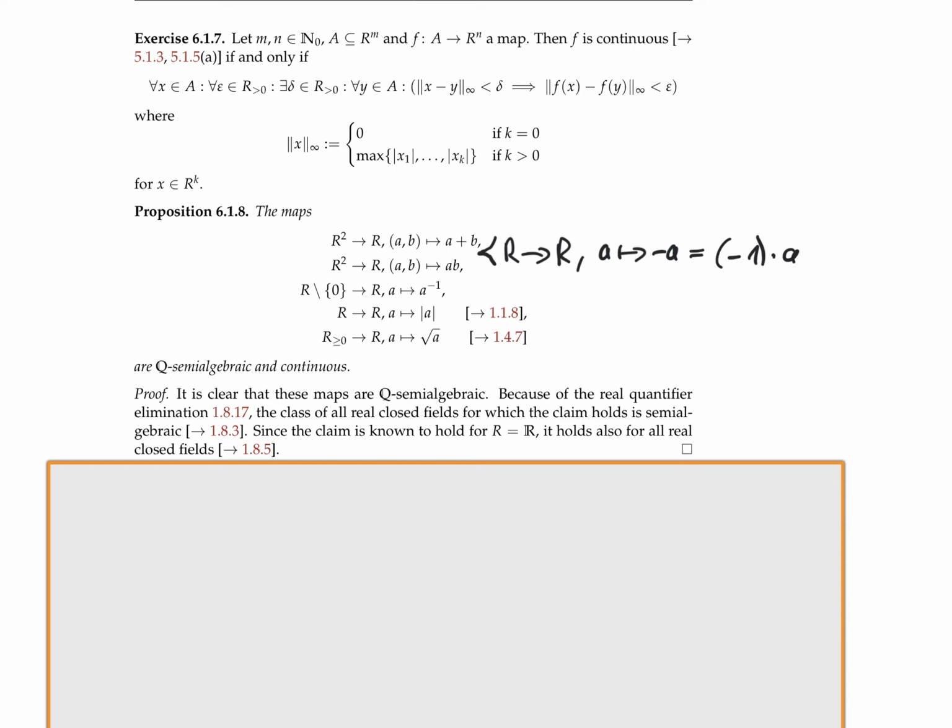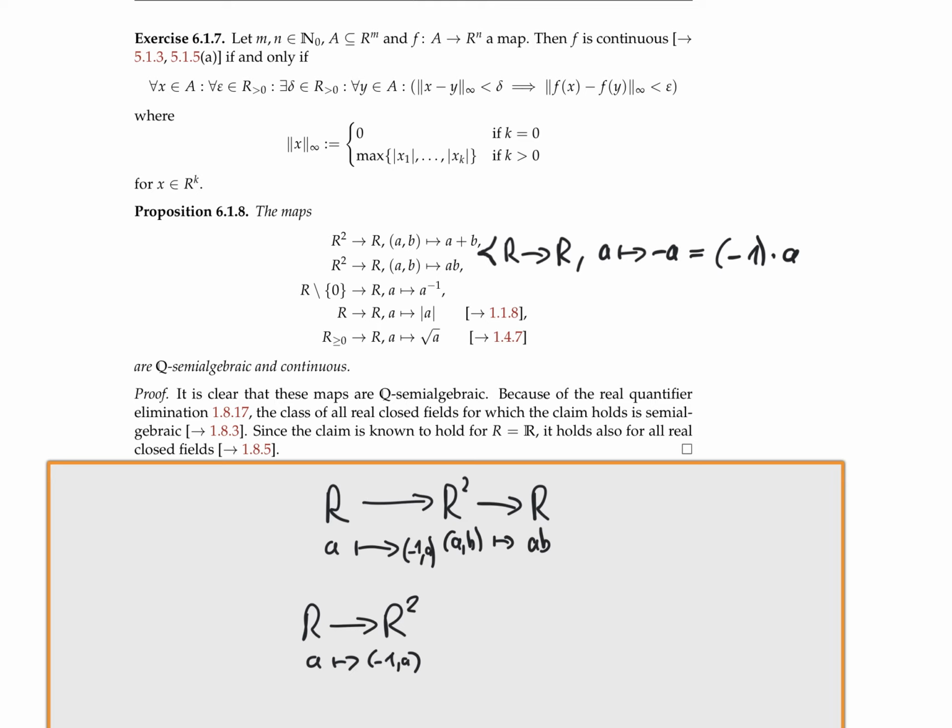Since multiplication here is continuous, I can compose with a map from R to R² that maps A to (minus 1, A), right? And why is the map from R to R² that maps A to (minus 1, A) continuous?